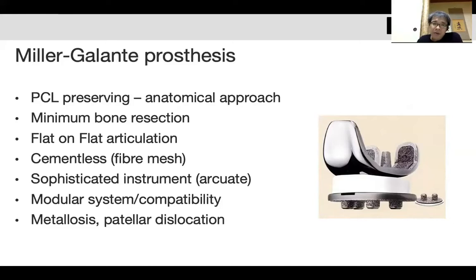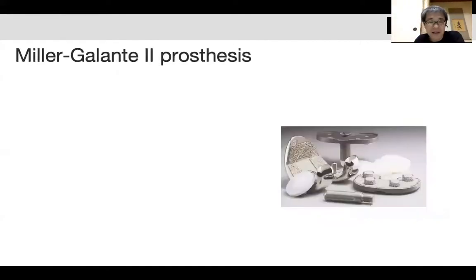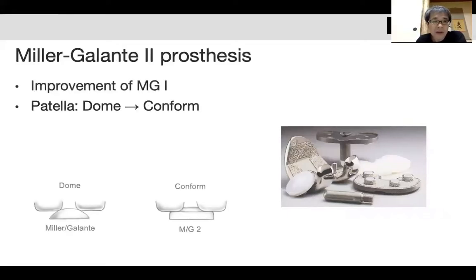So after that, in the next generation Miller-Galante prosthesis, the patella was changed to all polyethylene, like this one. This is Miller-Galante 2, an improvement of Miller-Galante 1. The patella was changed to a dome type from the conforming type. It can conform to the groove of the femoral component for the patella.